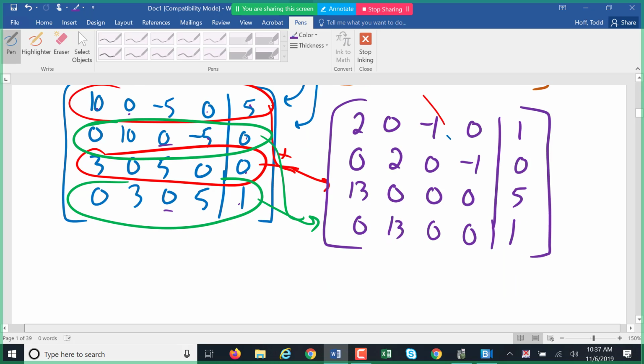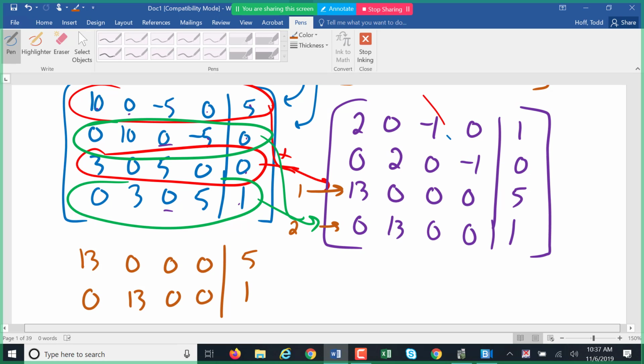So now I'm going to do some rearranging. I'm going to rearrange my order here. I'm going to put this row first: 13, 0, 0, augmented with a 5. This row second: 0, 13, 0, 0, augmented with a 1.